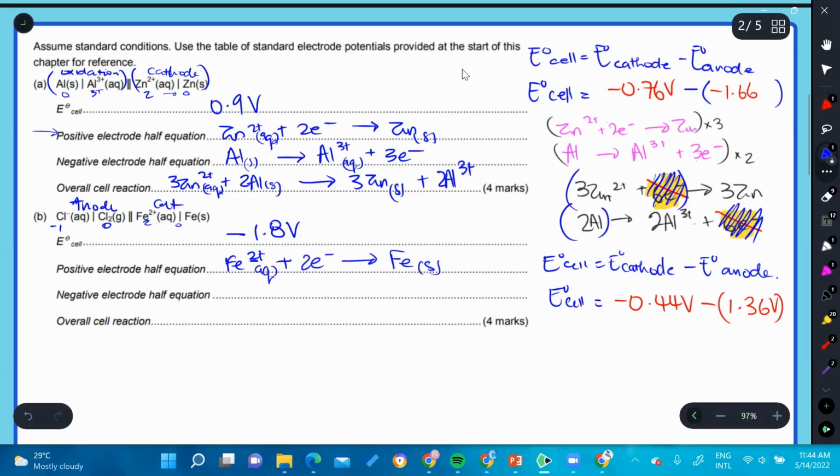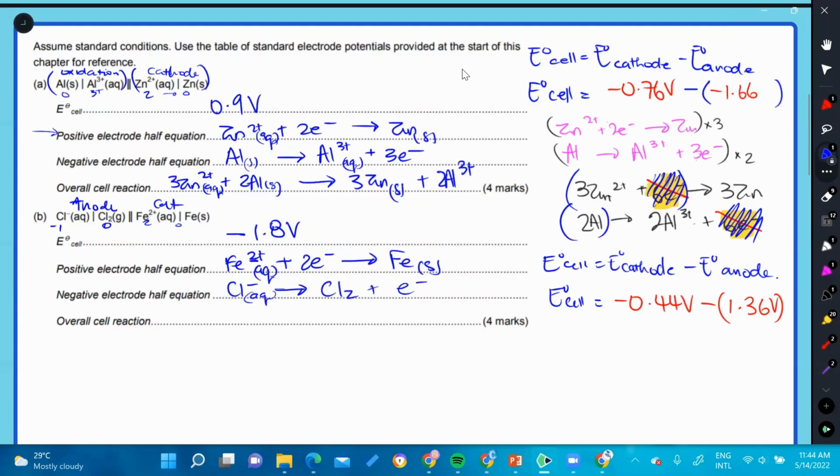So ions in the aqueous state, of course. And the oxidized one, Cl minus in the aqueous state, will give you Cl2, and before I balance it, electrons.